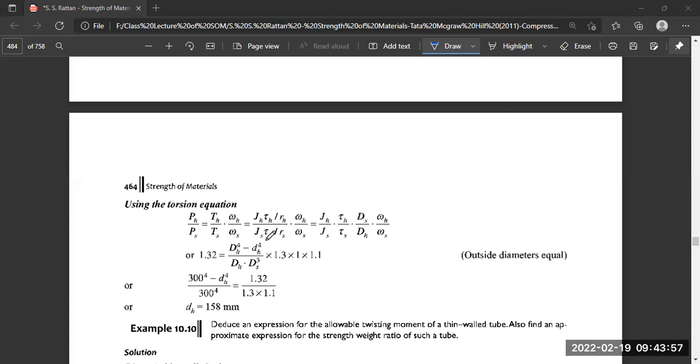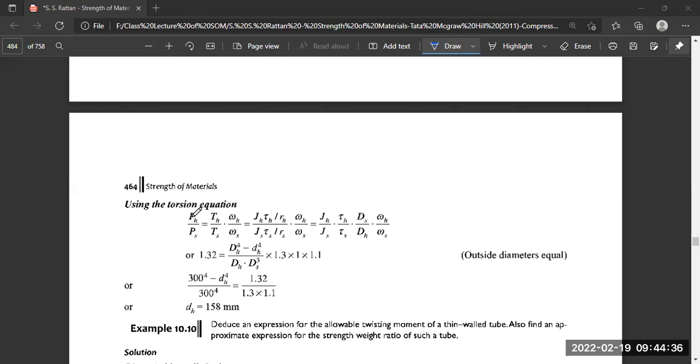We put the same value here, J_S tau S divided by R_S, and omega H by omega S. So the equation becomes J_H by J_S, tau H by tau S, D_S by D_H, which are the diameters of the solid and hollow shaft respectively, and omega H by omega S. J_H and J_S are the polar moments of inertia of the hollow and solid shaft, and tau H and tau S are the shear stresses of the hollow and solid shaft. So we have a certain relation.